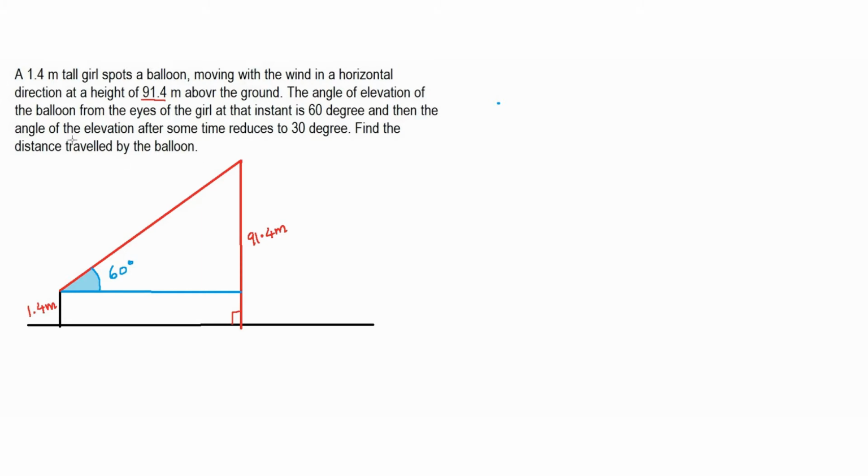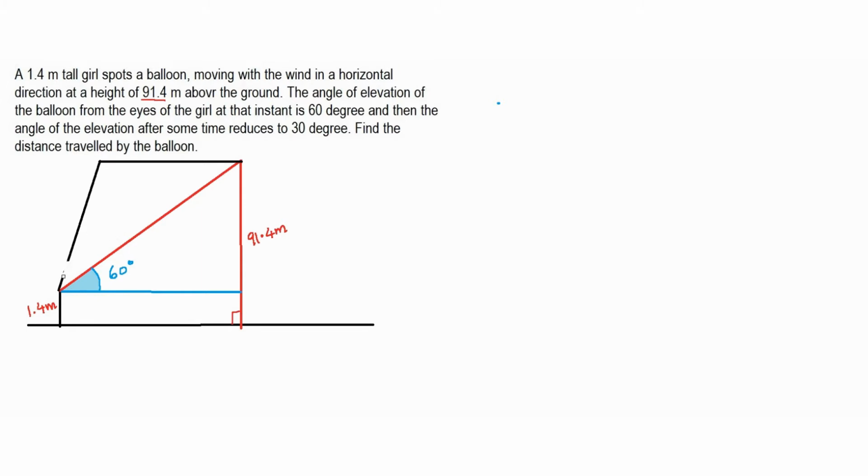It is given that the angle of elevation after some time reduces to 30 degrees. That means the angle of elevation of the same balloon after it has moved horizontally is reduced to 30 degrees. Think about it: if the balloon moves to the left, the angle of elevation is going to increase because it is moving closer to the observer.